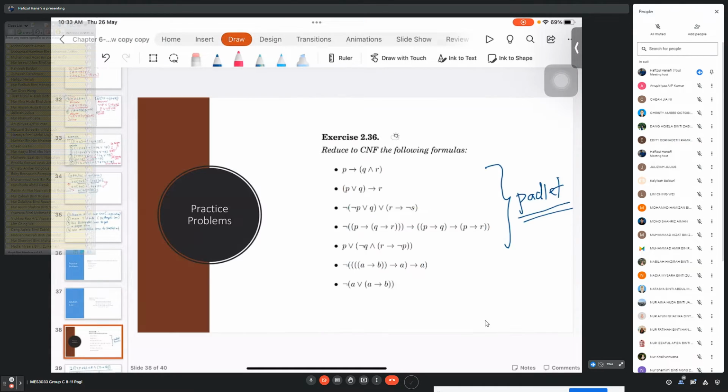Okay, and then here you need to do in parallel. We have 1, 2, 3, 4, 5, 6, 7 exercise.